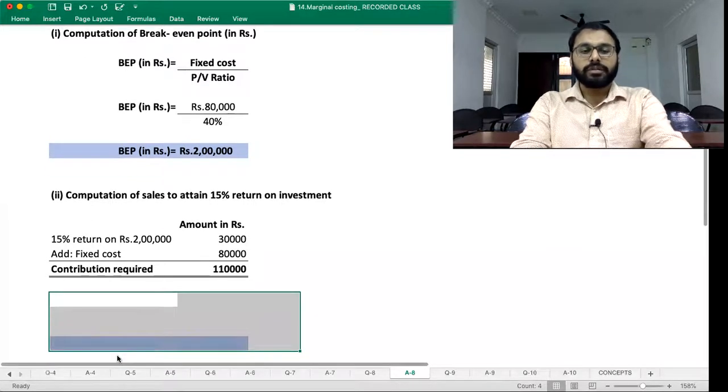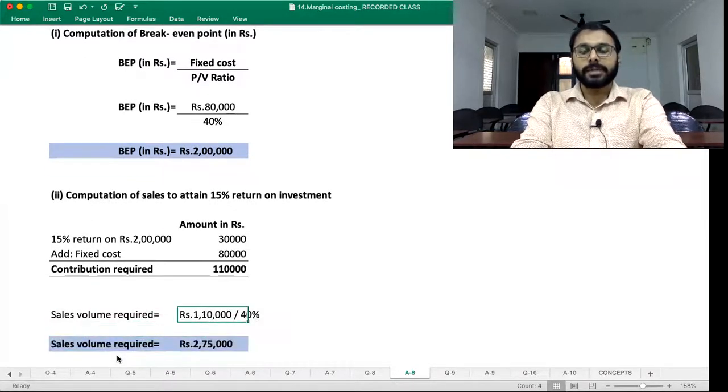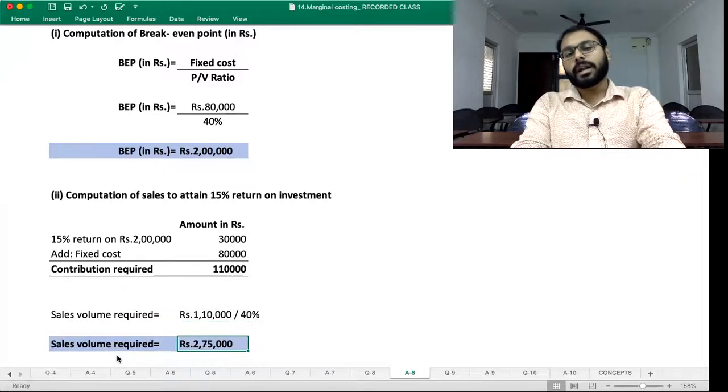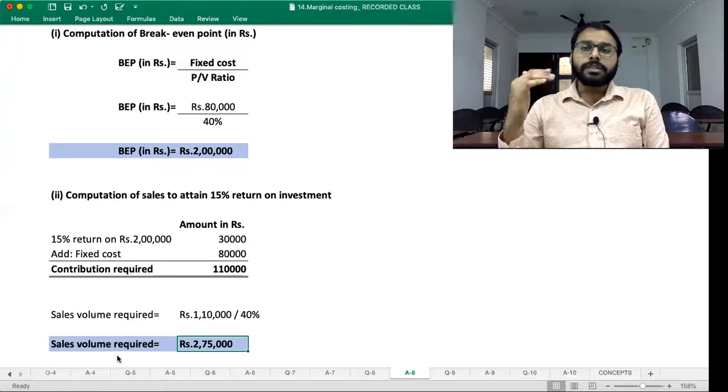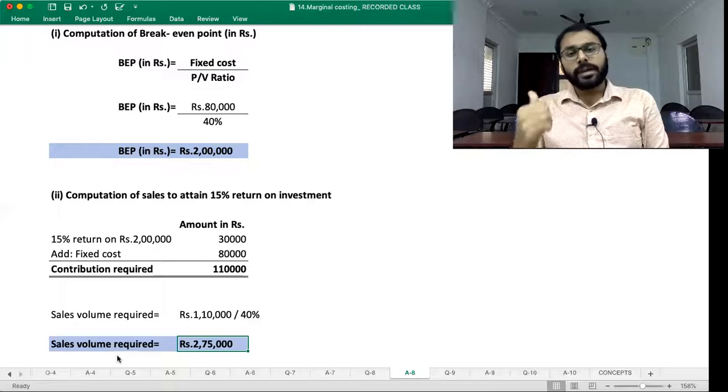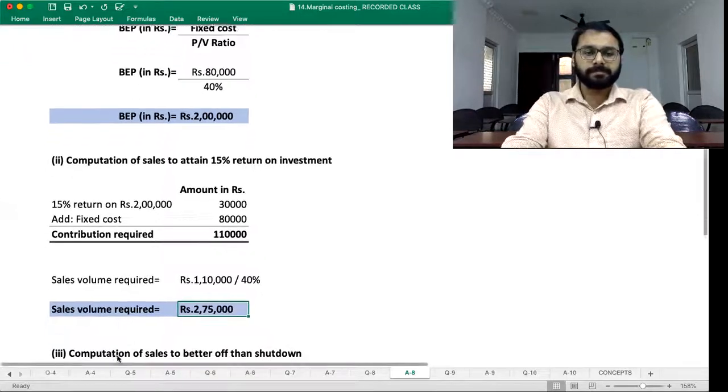If I simply divide it by the PV ratio, I would be able to arrive at the sales volume required to earn a 15% return on investment. What is the logic here? Contribution divided by sales is PV ratio. So to find out sales, it is contribution divided by PV ratio. That's what I have done here. PV ratio is computed in working note number 1.